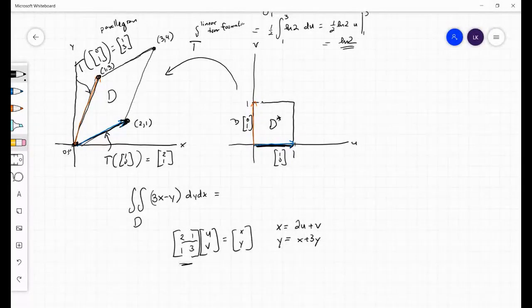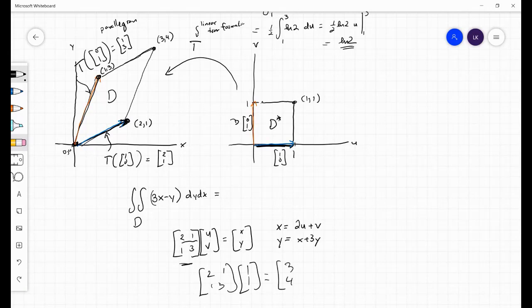All right, so now we're ready for the change of variable formula with our transformation. By the way, you can confirm that if you take the point (1, 1), you would get the point (3, 4). Linear transformations map parallelograms to parallelograms.